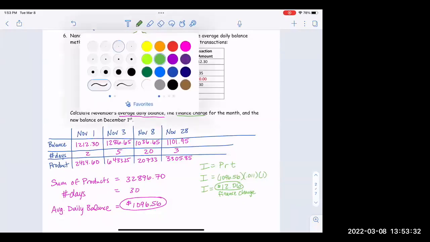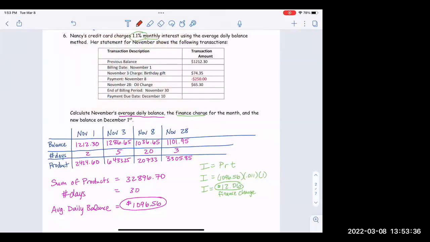All right, and then the last thing they asked us to find here is the new balance on December 1st. So basically, all we need to do is find what was the old balance and then add the interest to it. They're going to charge us this $12.06 interest.